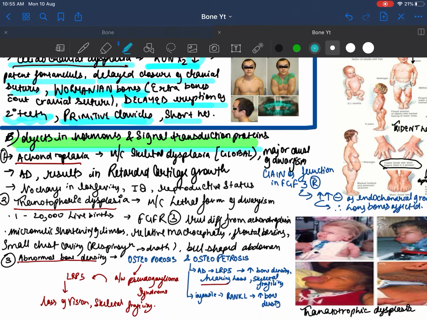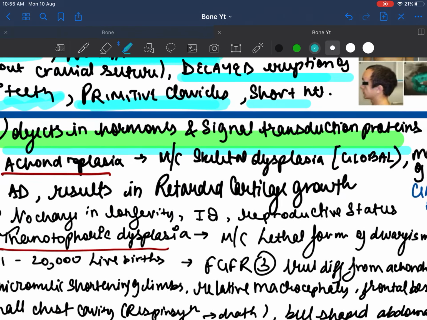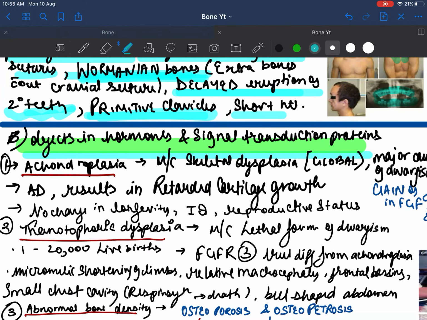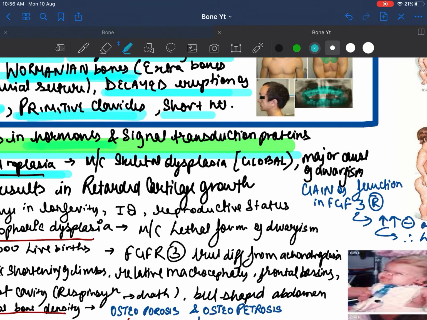So what are the problems if there are defects in hormones and signal transduction proteins? It is very easy to understand if there is a defect in a hormone, like the hormones we have discussed, for example the main one being growth hormone. What problems can it lead to? First is achondroplasia. It is the most common skeletal dysplasia globally. Global means that it will involve all parts of the body.